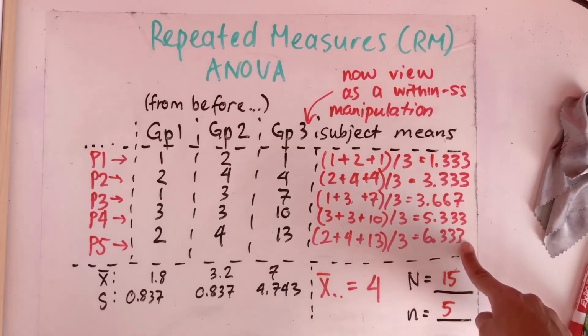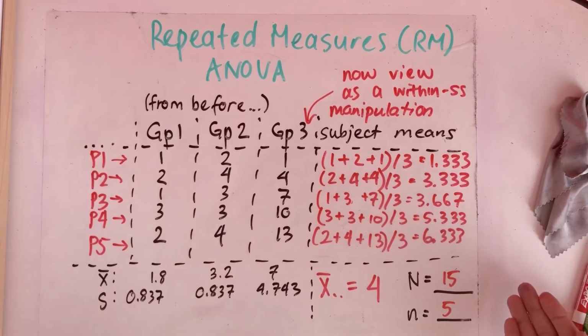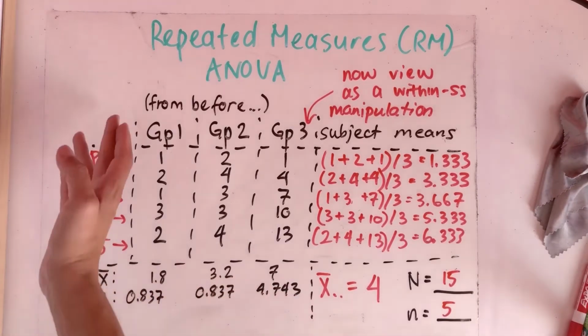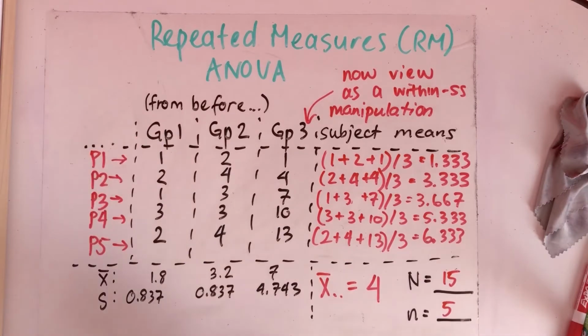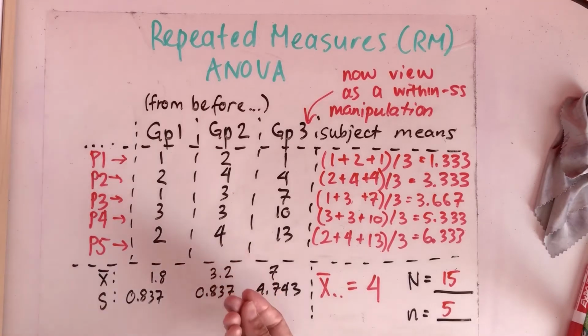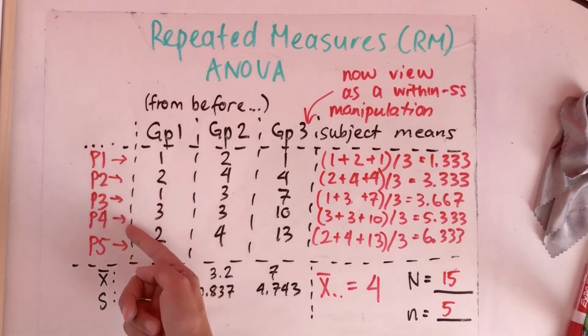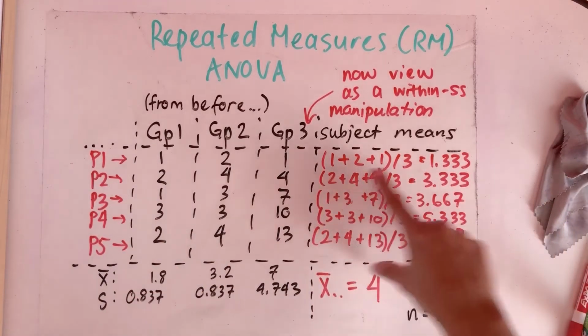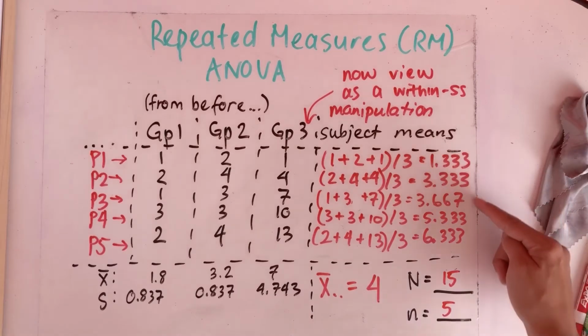In a similar way to the factorial between ANOVA, we're still using marginal means, so to speak, because even though these are just group means with our single factor group, we also have an additional component to the analysis, not a factor, that helps us understand that each person is different, and that is expressed in the margin here for each row, the subject means.